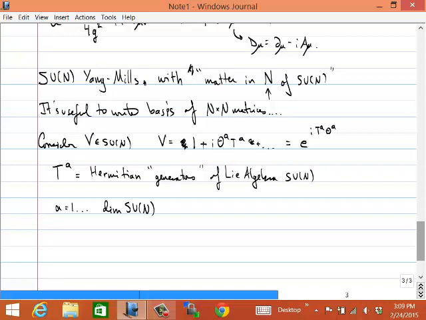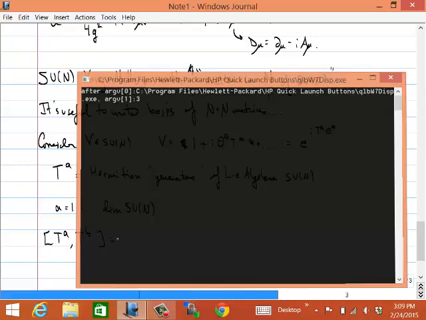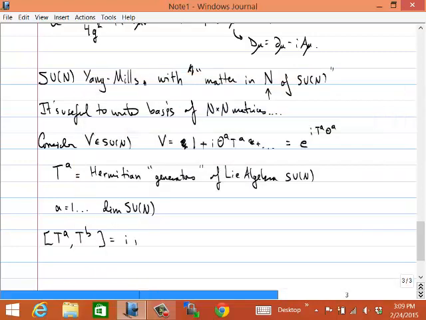group element, they must obey some rule where the commutator of any two T's can be written as something linear in the T's themselves. Remember, I think we did this last time. This is basically the Campbell-Baker-Hausdorff lemma.